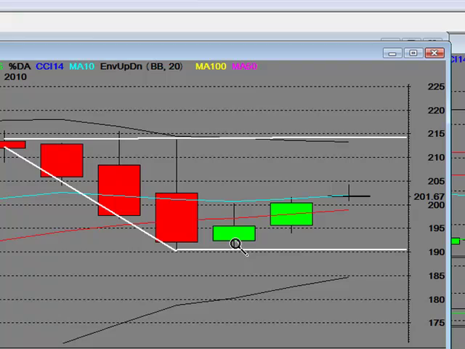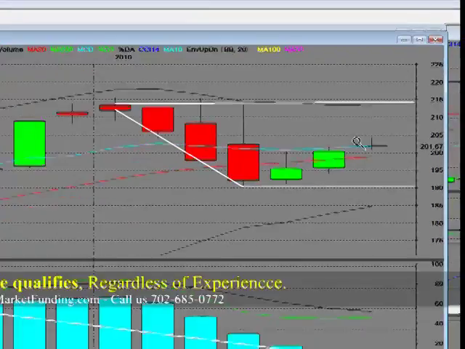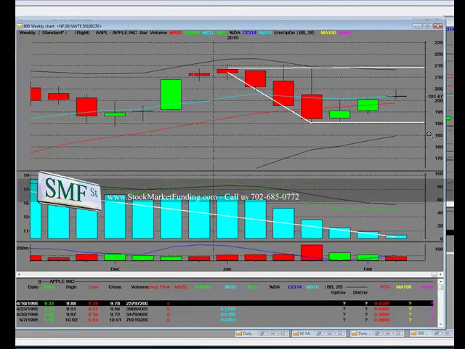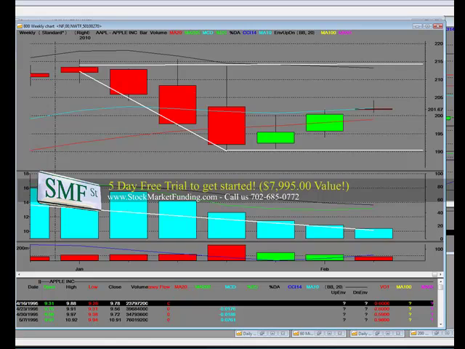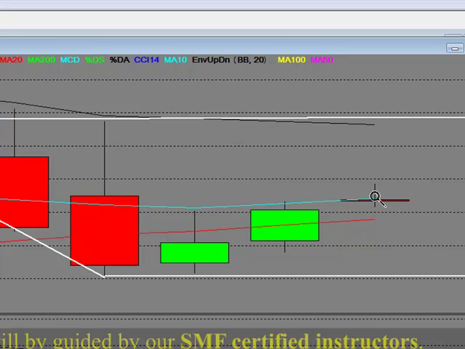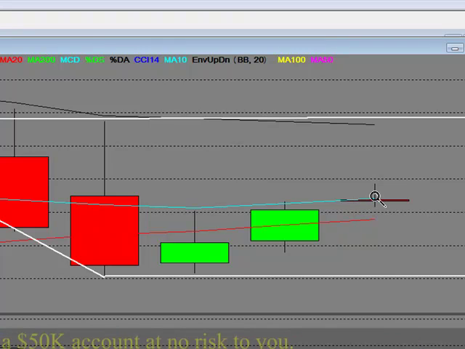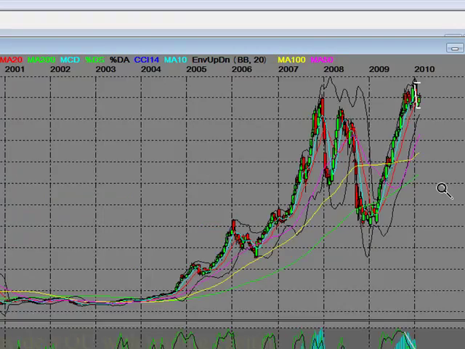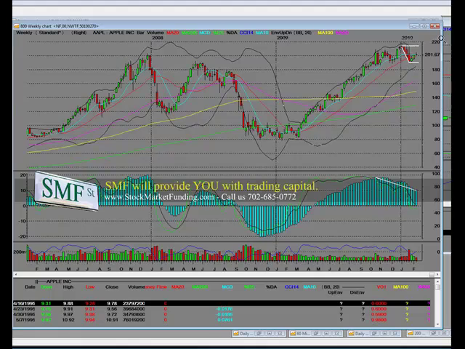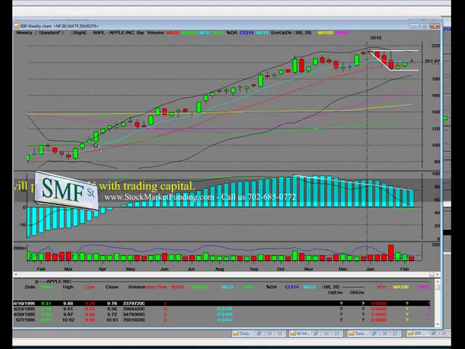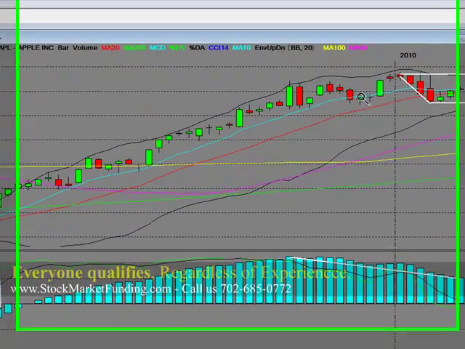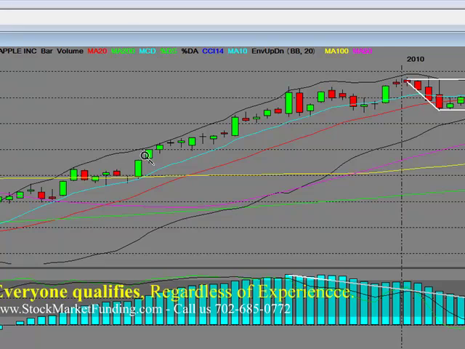We bought the 190 March calls when it got to the bottom, and we're still holding it. The stock has to close 4 weeks above this blue line for me to get more bullish on it. When stocks have great bull trend cycles, this blue line rises and the weekly movements go higher and higher.